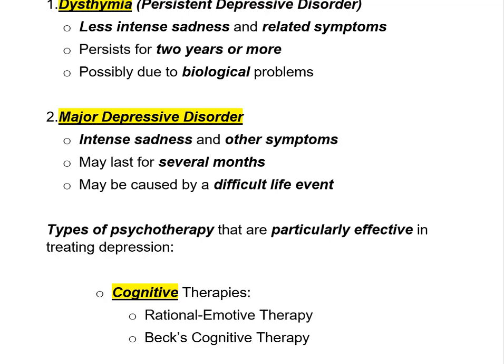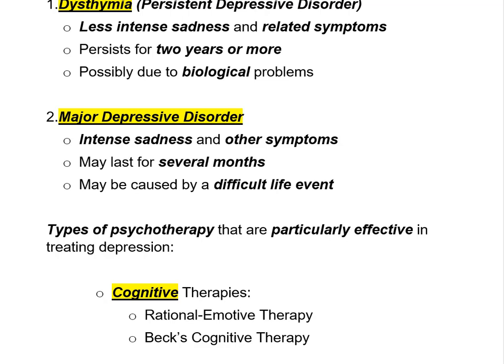Cognitive therapy is effective. These meta-analyses often indicate that some types of psychotherapy may be slightly more effective in treating certain specific psychological disorders. The differences are typically not major. It's not like this kind of therapy is totally effective for depression, but that kind of therapy is totally ineffective.